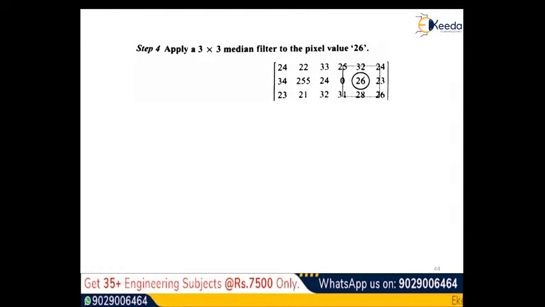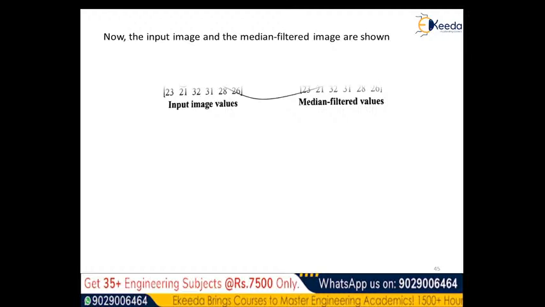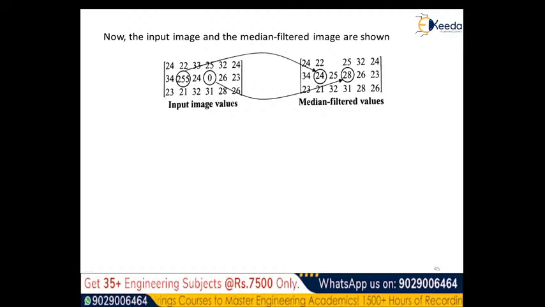Lastly, we again slide this mask onto the right hand side, and we get the 26 replaced by finding the median. The median value was 26, and after replacing all the values, you can see the 255 value is now 24, and the 0 value is now 28.